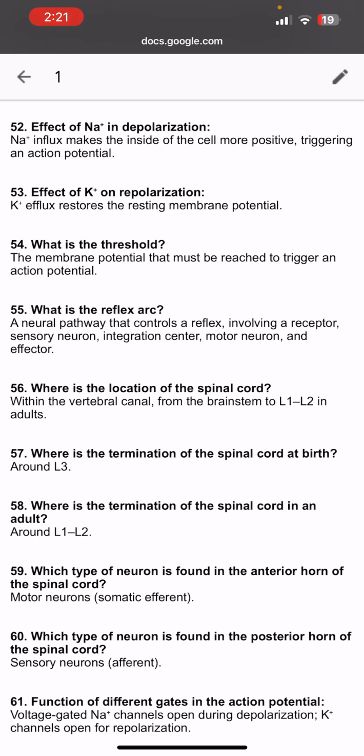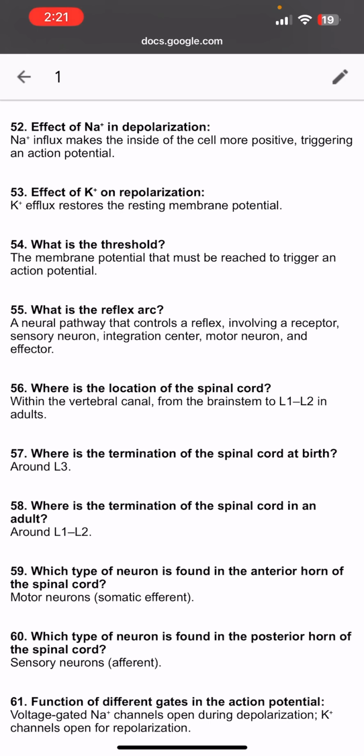Potassium efflux restores the resting membrane potential. Efflux means outward. Threshold is the membrane potential that must be reached to trigger an action potential. A reflex arc is a pathway that controls a reflex involving a receptor, sensory neuron, center, motor neuron, and an effector.